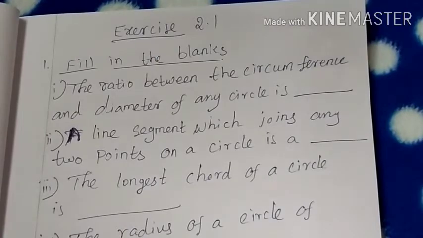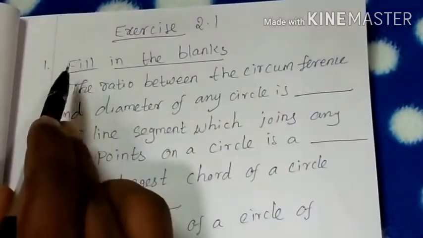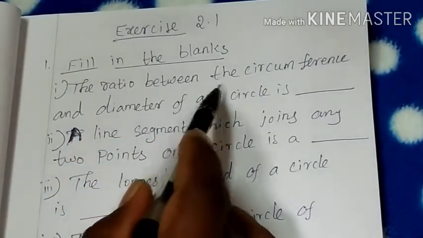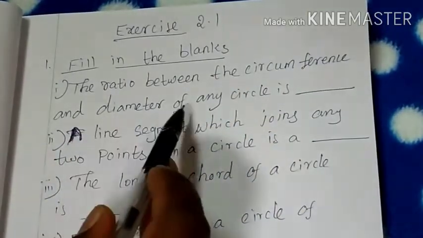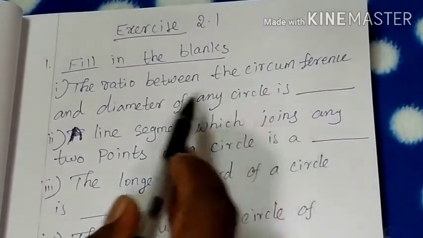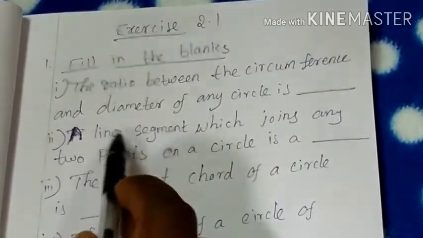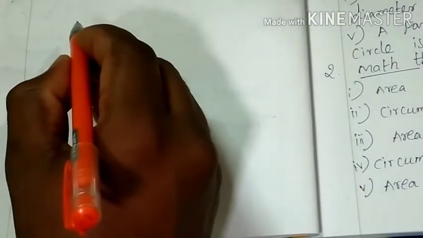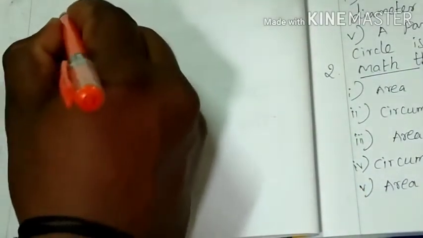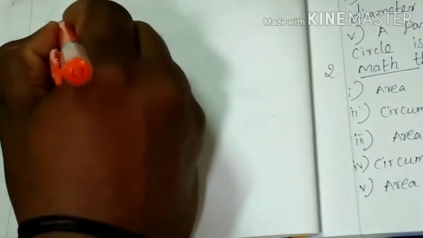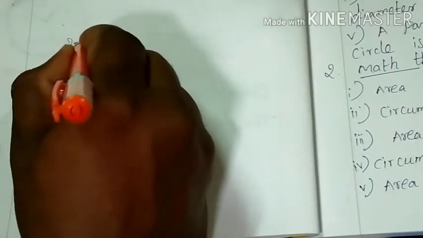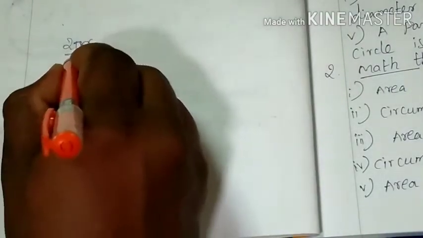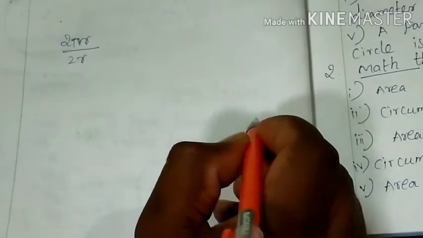Okay, dear students, exercise 2.1. First question, fill in the blanks. The ratio between the circumference and diameter of any circle is what? The circumference formula is 2 pi r, divided by the diameter, which is 2r.